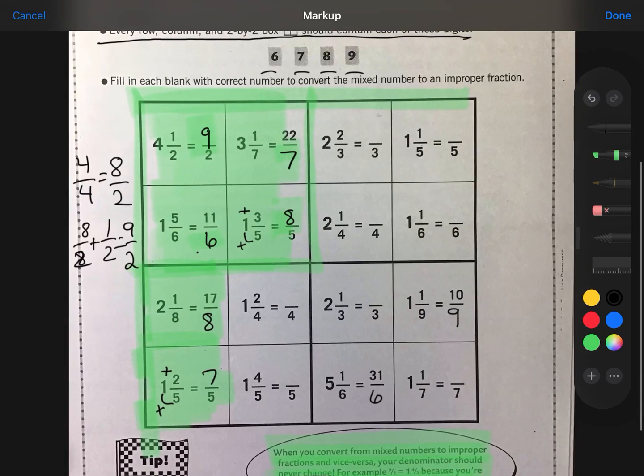Going across now, we have 3 times 2 is 6, and 6 plus 2 is 8. So we get 8/3. And then 5 times 1 is 5, plus 1 is 6. So we get 6/5. And we can check we have 6, 7, 8, and 9. So this row is correct.